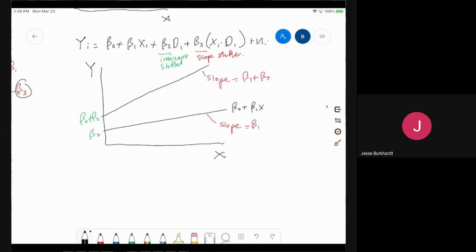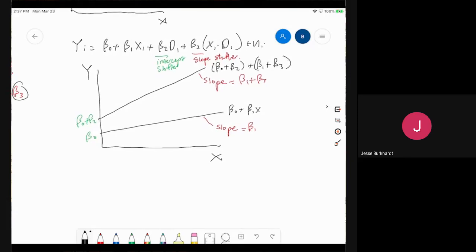On the other hand, when D1 equals 1, then beta 2 and beta 3 are left in the model, and we get a regression line that looks like this: beta 0 plus beta 2, that's our intercept, plus beta 1 plus beta 3 times x1.